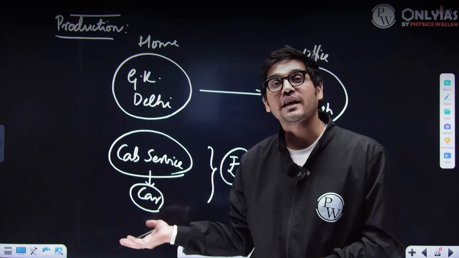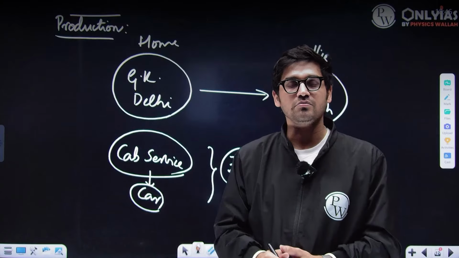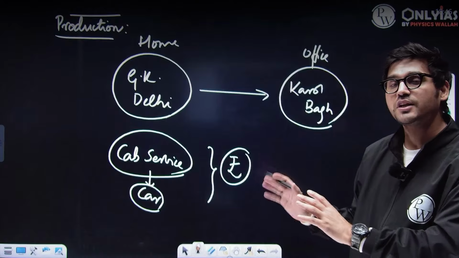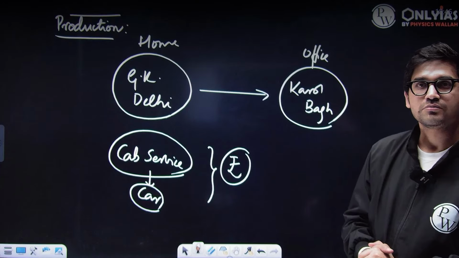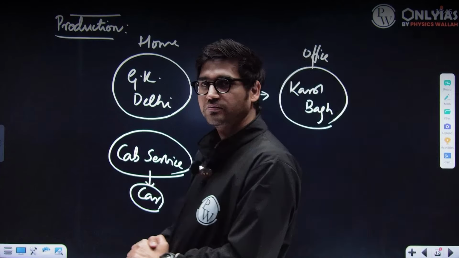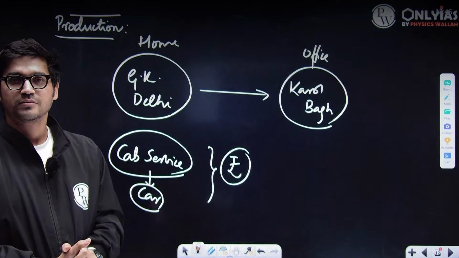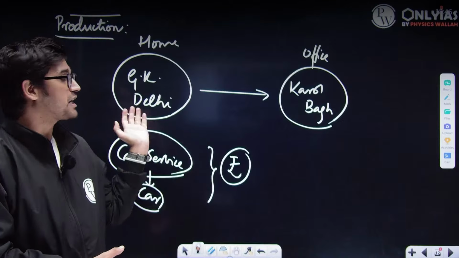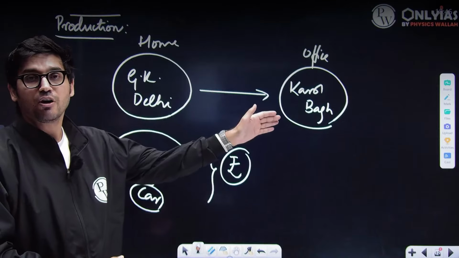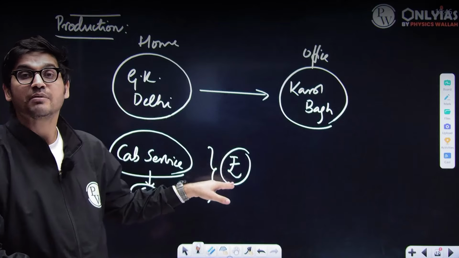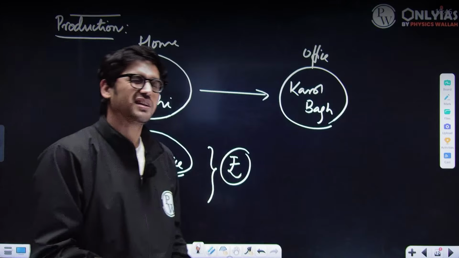Is any production happening here? Is something being produced here or not? Think about it. Is something being produced? If there is a person who is willing to pick me up from my home, drop me off to my office, provided I give him some fare, some money, is something being produced?